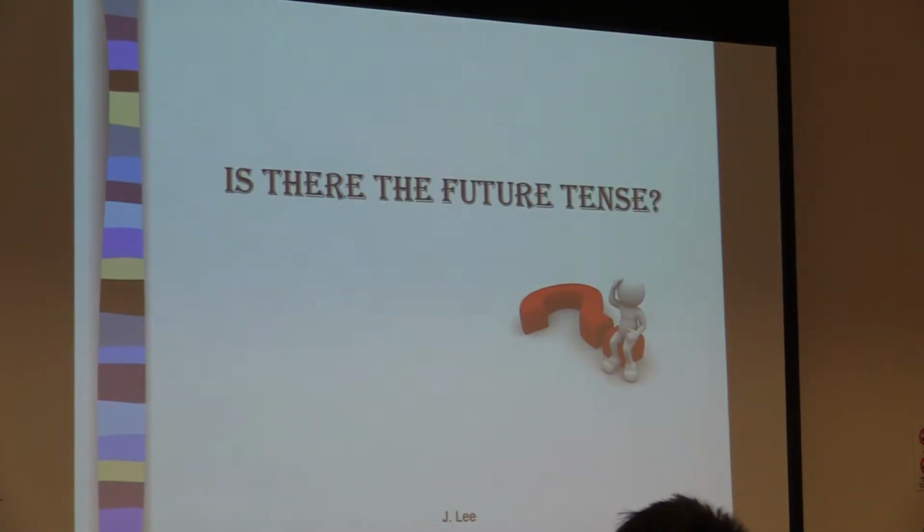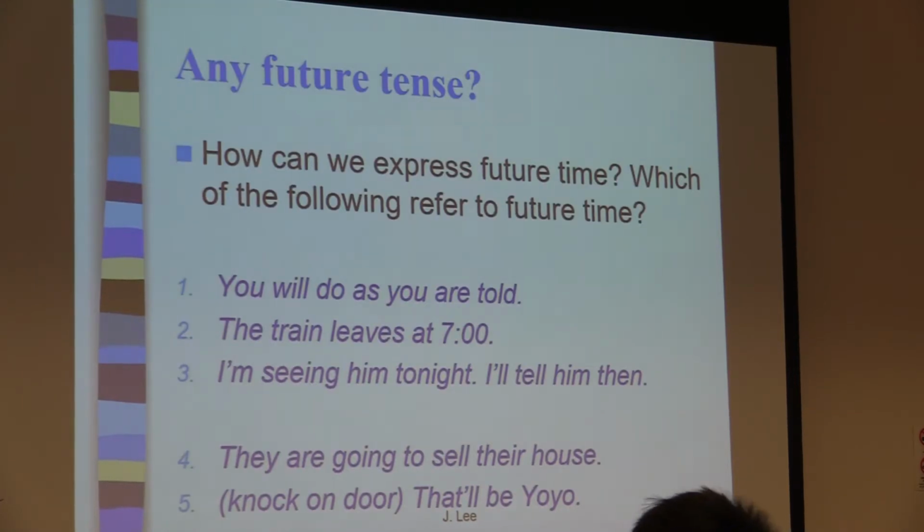Then, is there a future tense? Well, many modern grammarians say no, English doesn't have a future tense. Why? Because future time can be expressed in different ways. Like here, you will do as you are told, with the modal verb will. The train leaves at 7, present tense showing a schedule.